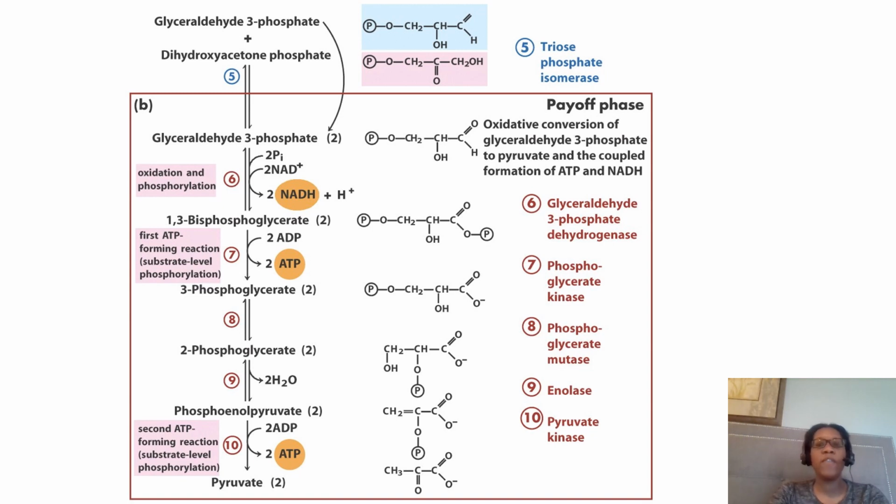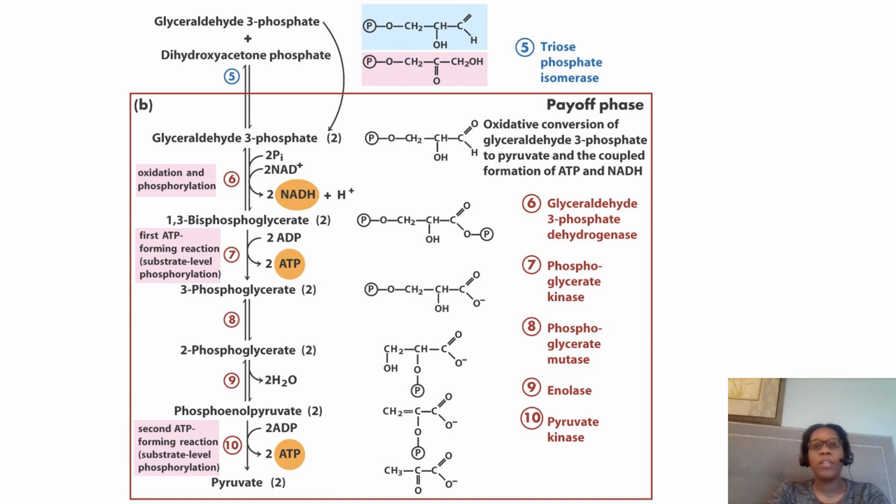So now we have 2 molecules of GAP. We're going to utilize glyceraldehyde 3-phosphate dehydrogenase. A dehydrogenase is an oxidoreductase. Here in our payoff phase, we're creating molecules that have energy potential, such as NADH or ATP.